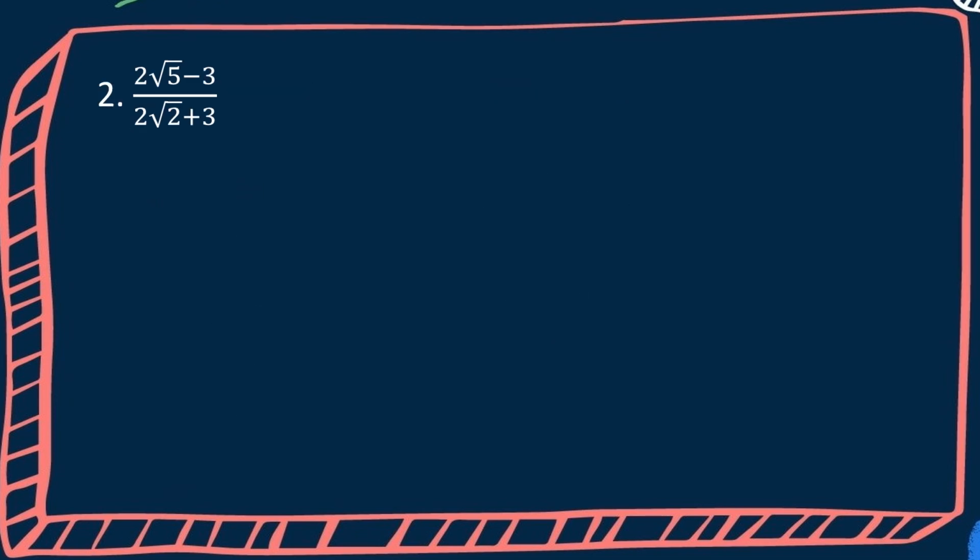For our second example, let's have the quotient of the difference of 2 square root of 5 and 3 and the sum of 2 square root of 2 and 3. The conjugate of 2 square root of 2 plus 3 is 2 square root of 2 minus 3.